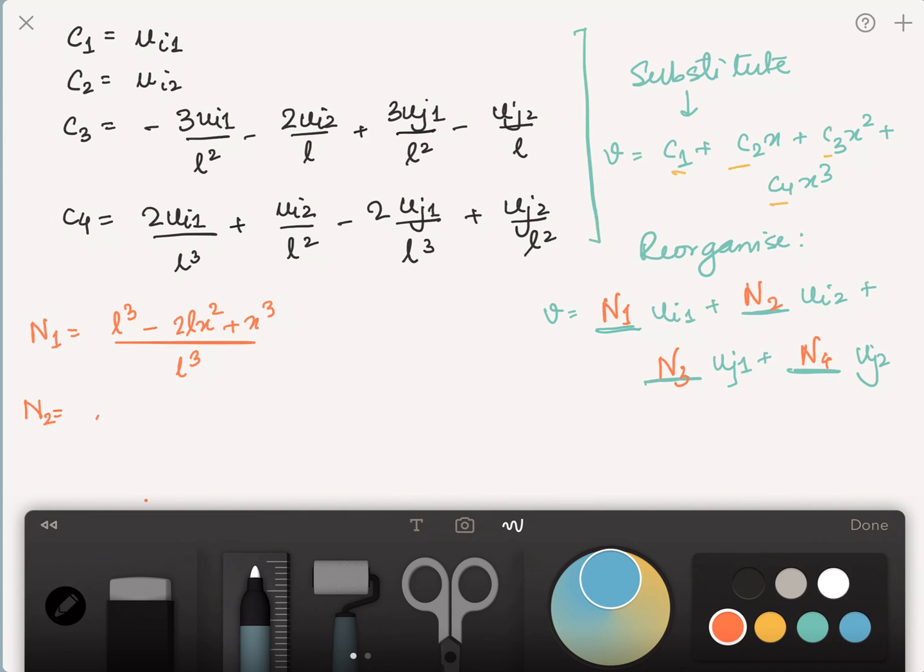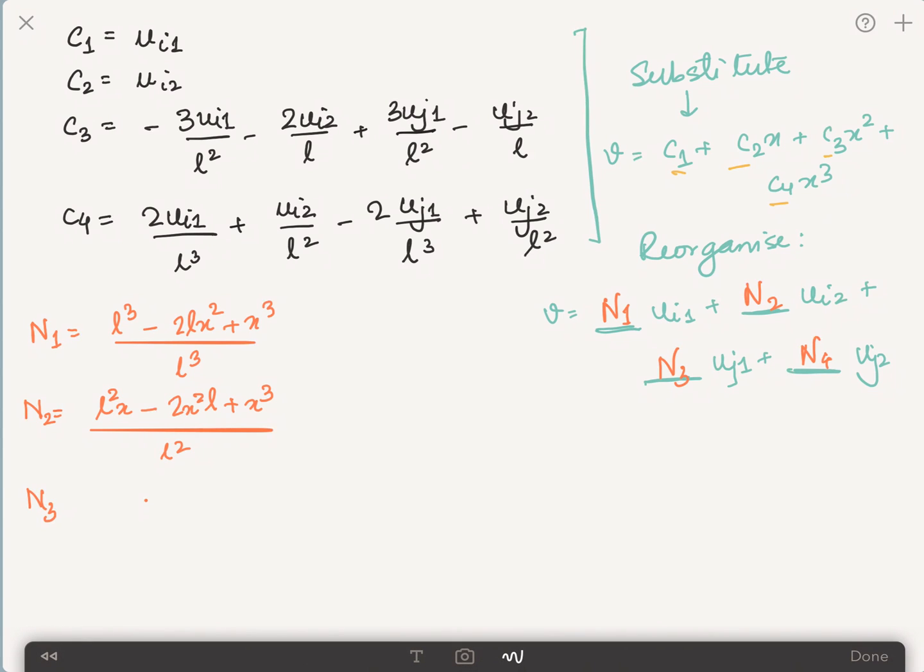N2 is equal to L square x minus 2x square L plus x cubed, the whole thing divided by L square. N3 is given as 3x square L minus 2x cubed by L cubed. And finally N4 is given as x cubed minus x square L by L square.